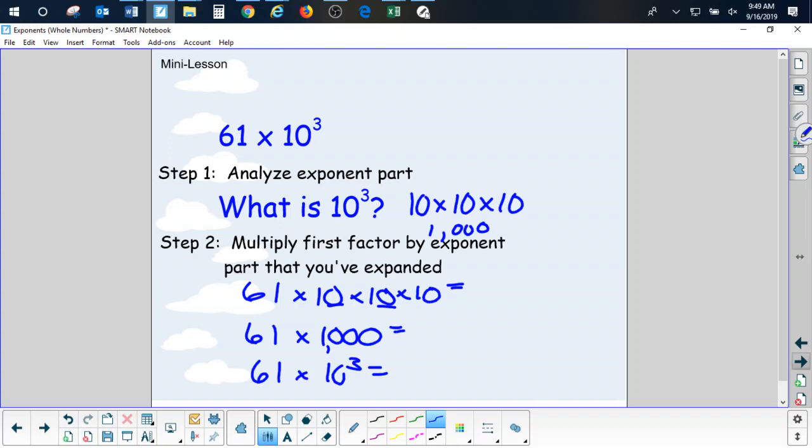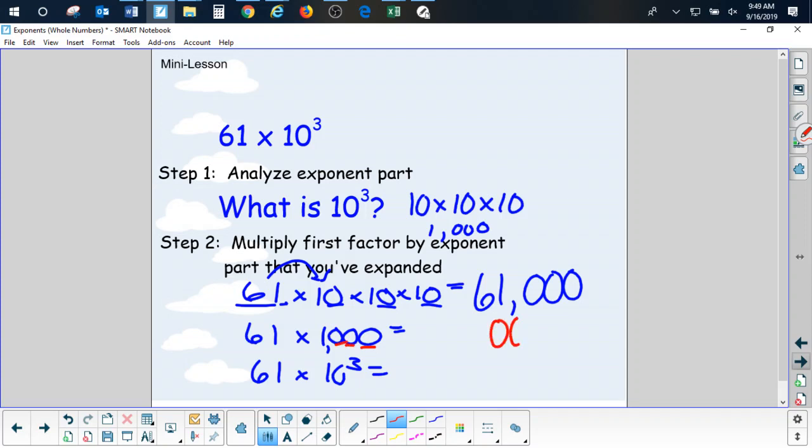So in this case, there's 1, 2, 3 tens with 3 zeros. So that means there has to be 3 zeros in my answer. If I took 61 and I just multiplied it by whatever's left over, just the 1 is left over in each case. So really it's just 61 times 1, we get 61. So it's 61,000.